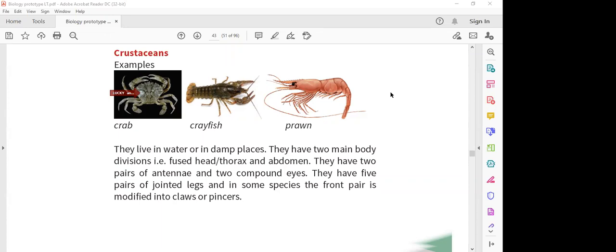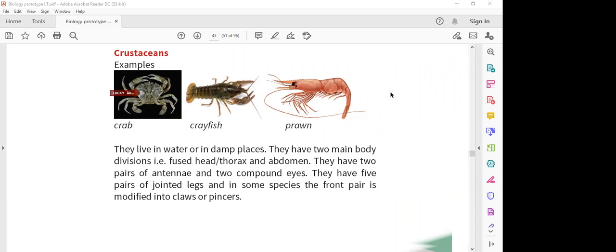One example I'm going to give us here is the wood lice. That one is very common to us. There is also the water fleas. Daphnia is also a common example of these crustaceans.